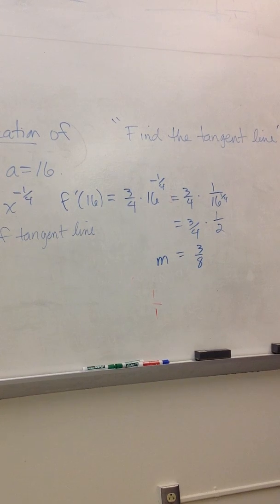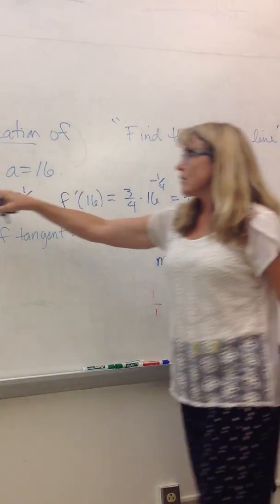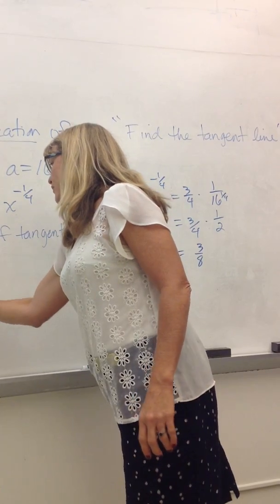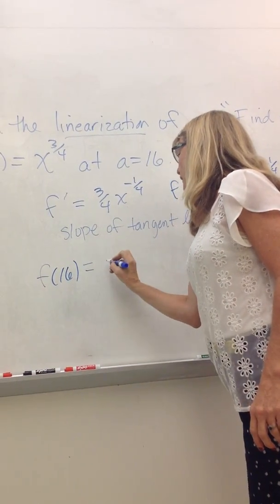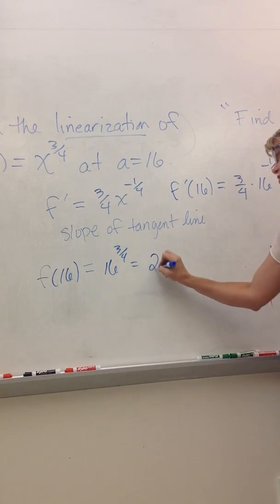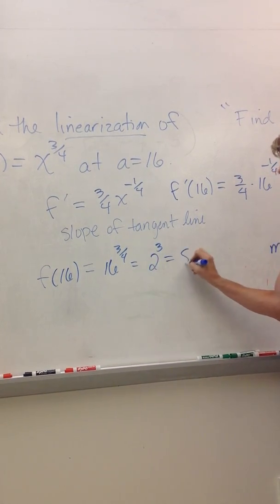You guys did a couple of tangent lines on other things I've given you to do. So now to finish finding the line, we want the point on the actual original curve. So f of 16 is 16 to the 3/4, which is 2 to the 3rd.